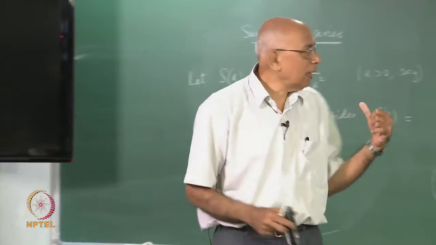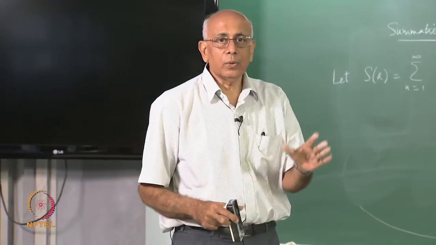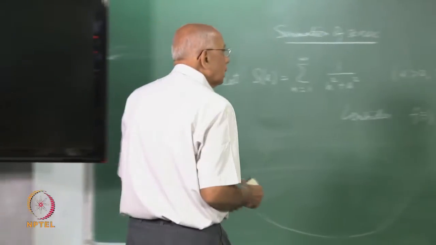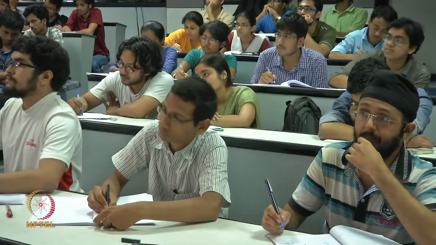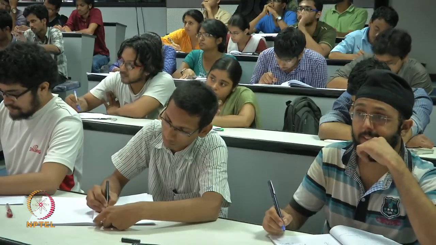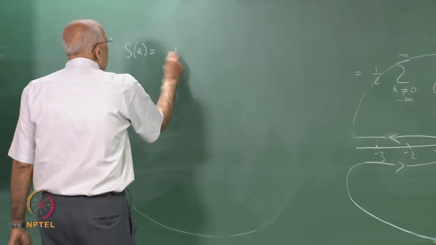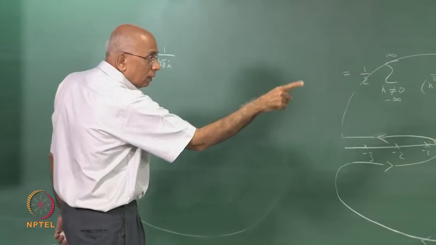So, this S of A is given by that complicated expression, but it is just the residue at 0 plus iA and minus iA. And now look at it, it is fairly straightforward now, because S of A equals 1 over 4 pi i, and then each of these guys is in the negative sense.